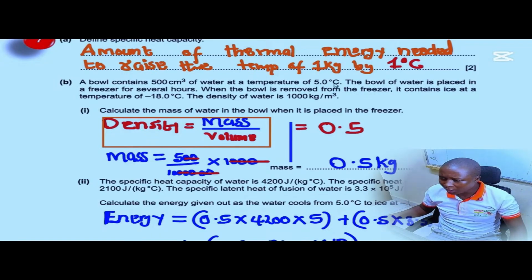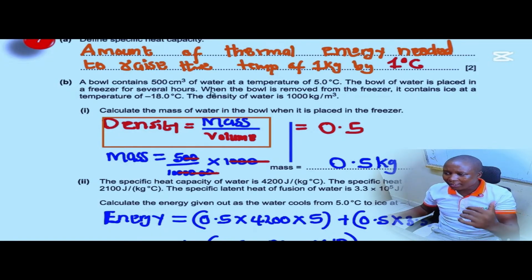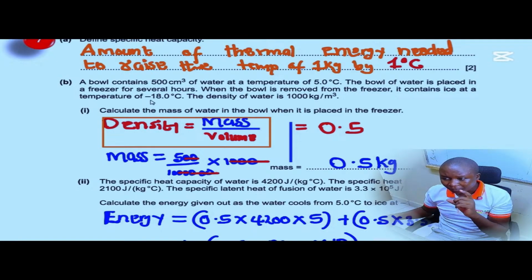So also we are told that when the bowl is removed, the temperature of the ice becomes negative 18 degrees Celsius. So meaning the amount of thermal energy supplied for all the amount of water to be converted to ice is going to be 0.5 times the latent heat of fusion, which is 0.5 times 3.3 times 10 raised to power 5.